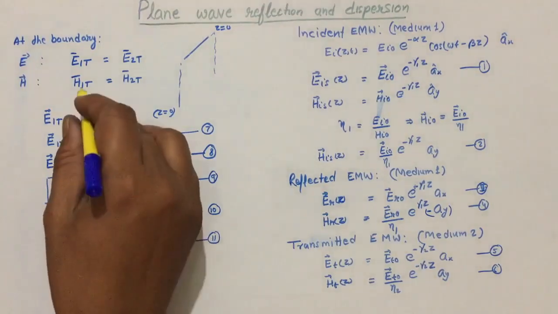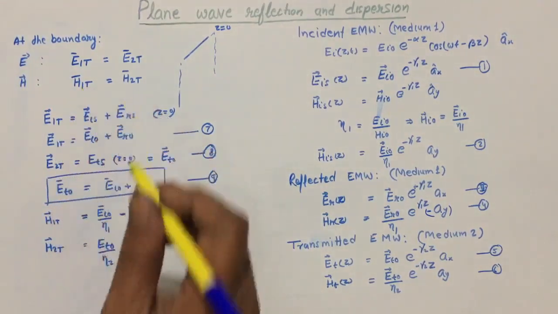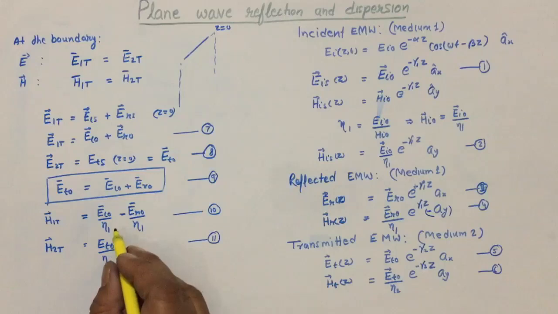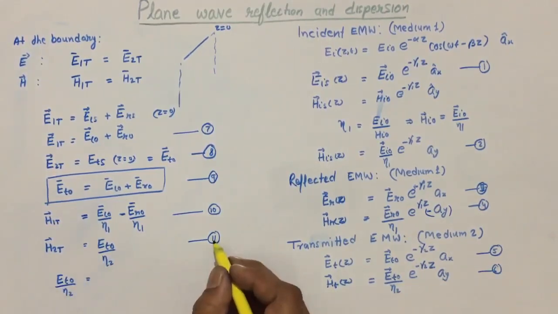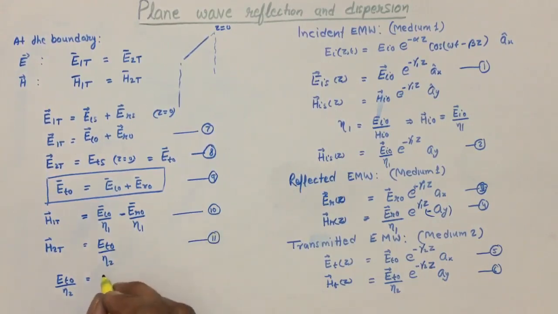As it is said, H1t is equal to H2t. From there we can write E T naught divided by medium 2, so 11 and 10 can be equated. From there, incident divided by medium 1, reflected divided by medium 1.